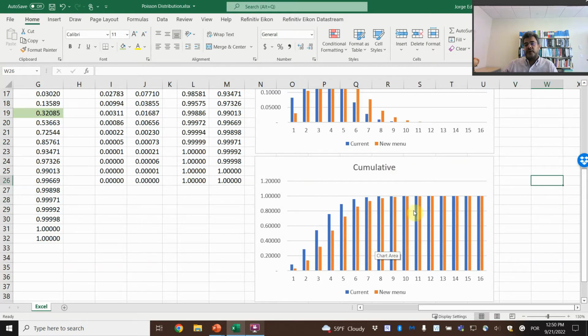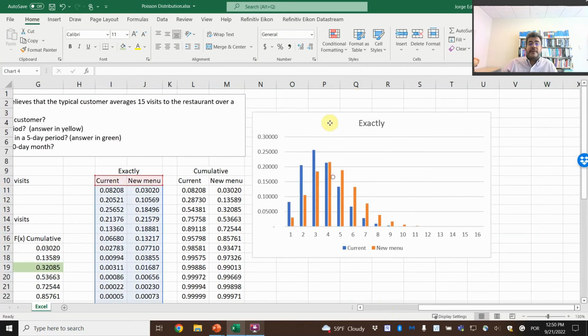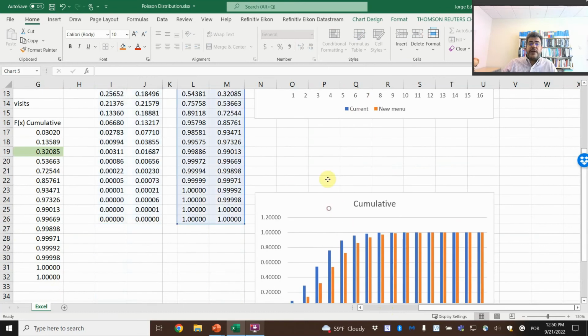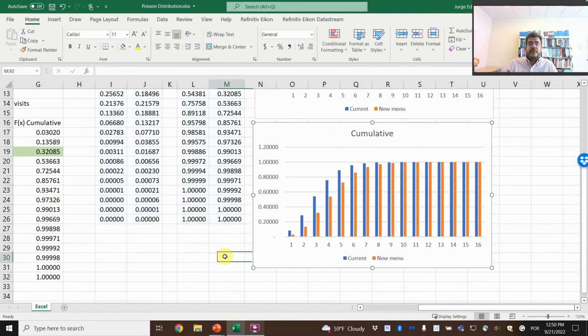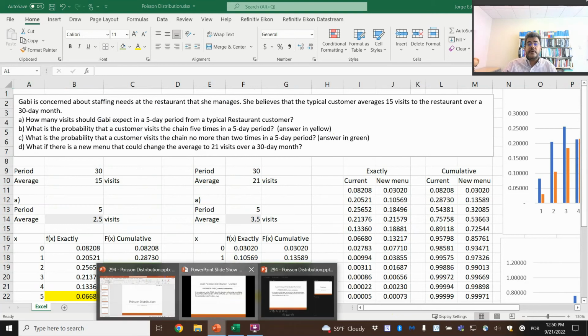So here we can plan better on staffing our restaurant, for instance. It's not very easy, but not that hard creating these charts.